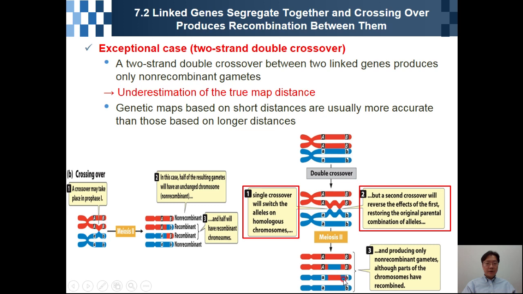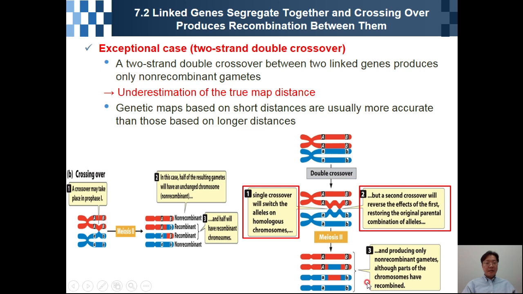Even though two-strand double crossover happens, they only produce non-recombinant gametes. It means that a two-strand double crossover between two linked genes A and B produces only non-recombinant gametes.